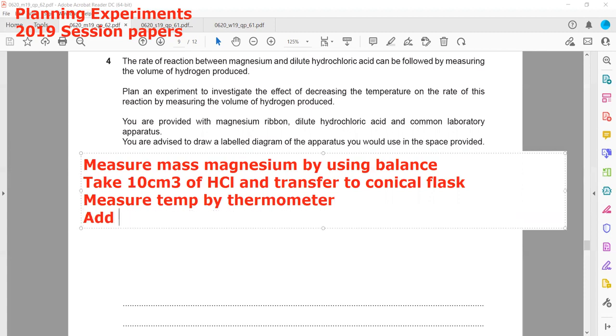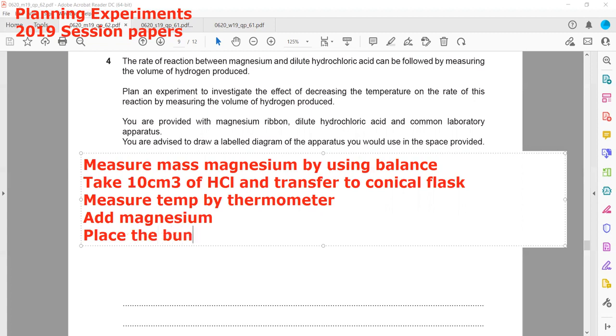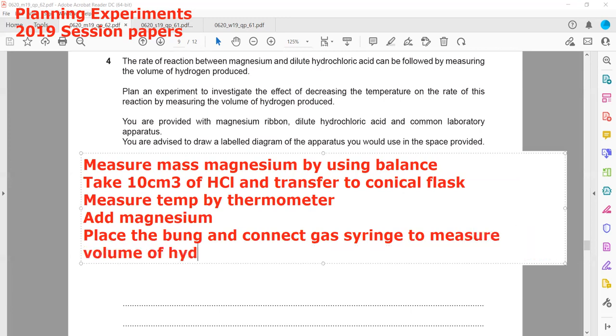Then we'll add magnesium ribbon, place the bung and connect the gas syringe to measure the volume of hydrogen.